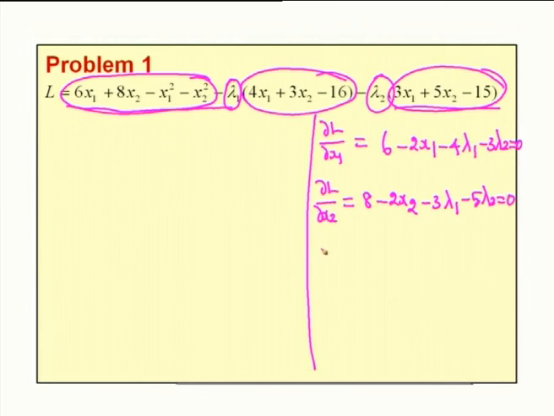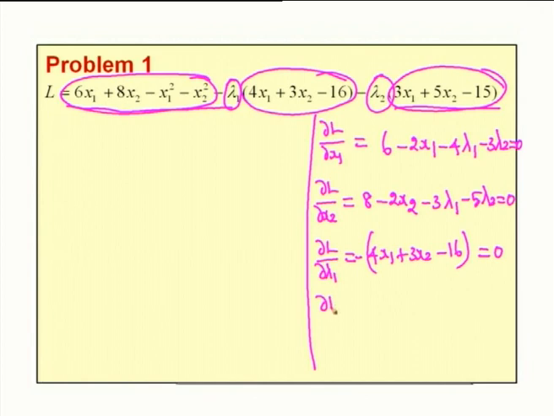The next condition is dou L by dou lambda 1 equal to 0, which gives us minus of h1 of x equal to 0. Therefore, for this problem, dou L by dou lambda 1 equal to 0 gives us minus of 4x1 plus 3x2 minus 16 equal to 0.